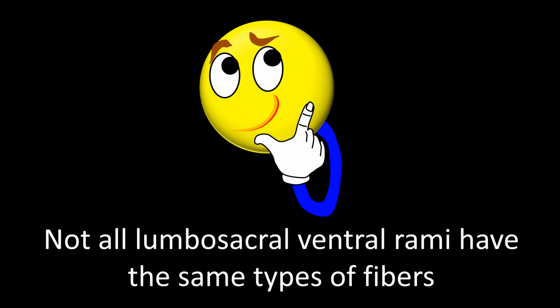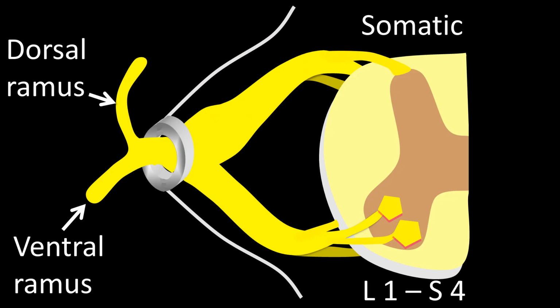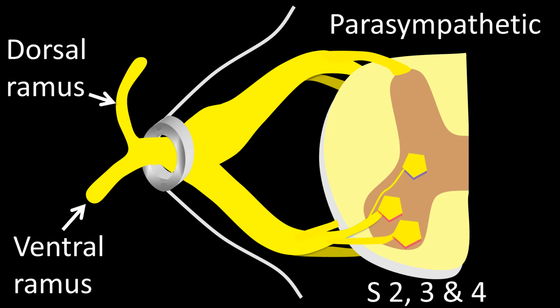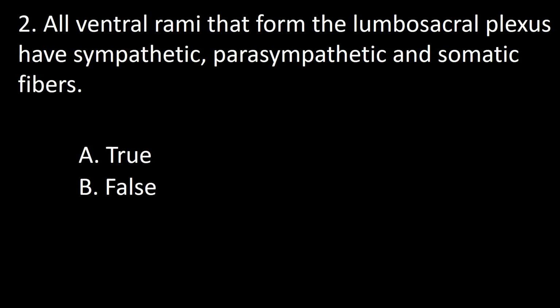It is important to know that not all lumbosacral ventral rami have the same type of fibers. All ventral rami have general sensory and motor somatic fibers. Sympathetic fibers are present in the ventral rami of L1 and L2, and parasympathetic fibers are present in the ventral rami of S2, 3, and 4. So the answer to this question is B.